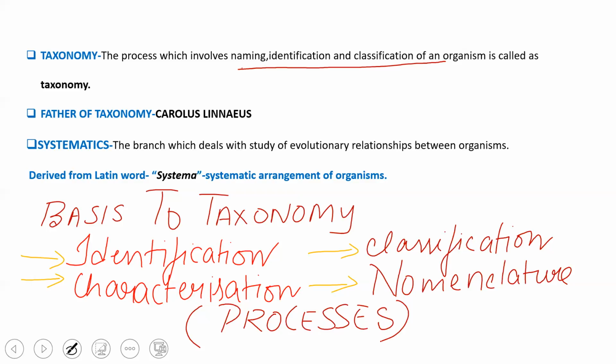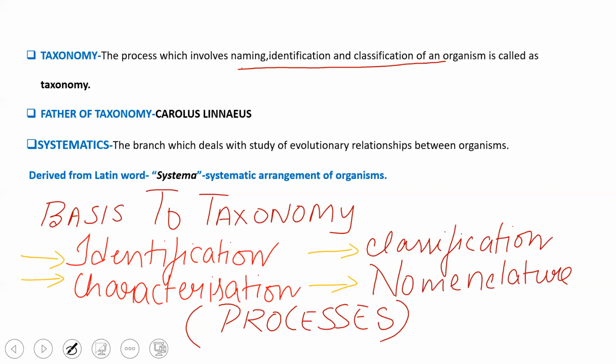So we can say that taxonomy is a branch which deals with naming, identification, and classification of organisms, whereas systematics is a further advanced science where, along with naming, identification, and classification, it deals with evolutionary relationships.